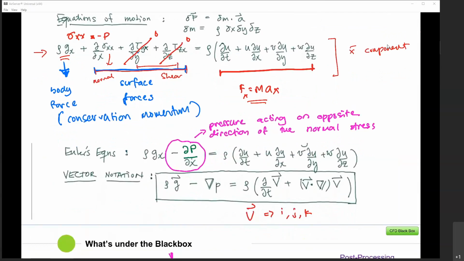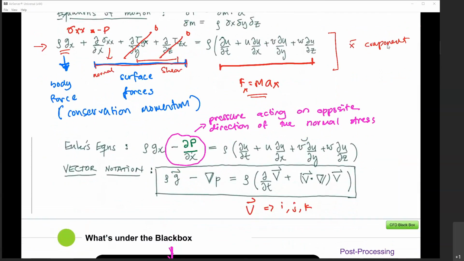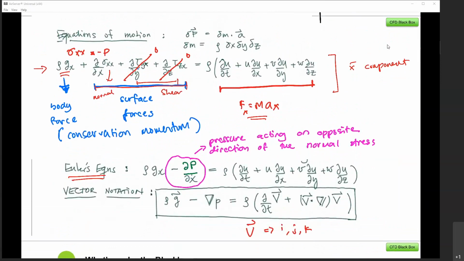Now if we look over here, we can write down the Euler equations. The Euler equations basically mean there will be no viscous term. When there is no viscous term, meaning that it is inviscid, tau equals 0, which basically means inviscid flow.